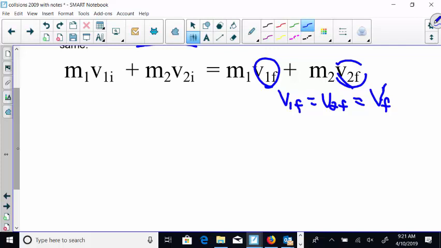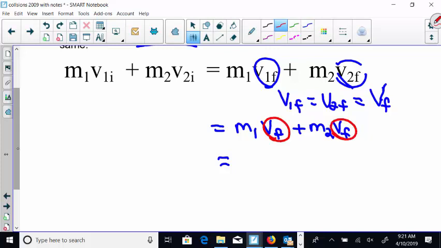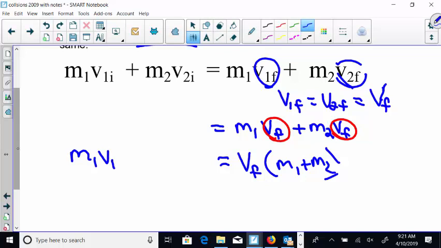Because those two velocities are the same, this equation becomes m1 v final plus m2 v final on the product side. Since they are the same, we can factor that out. So V final times M1 plus M2 equals what we have over here: M1 V1 initial plus M2 V2 initial.